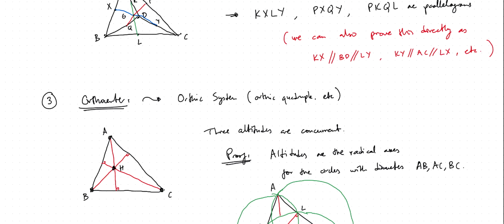So B and C are not on the same circle with respect to AH, but they are on symmetric circles. So ABH and ACH are symmetric with respect to AH. Similarly, BHC and ABC are symmetric with respect to BC.